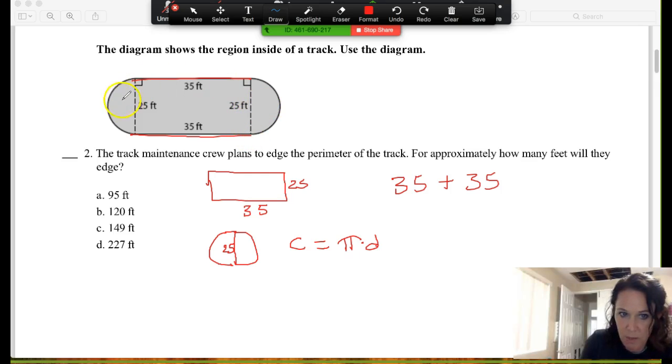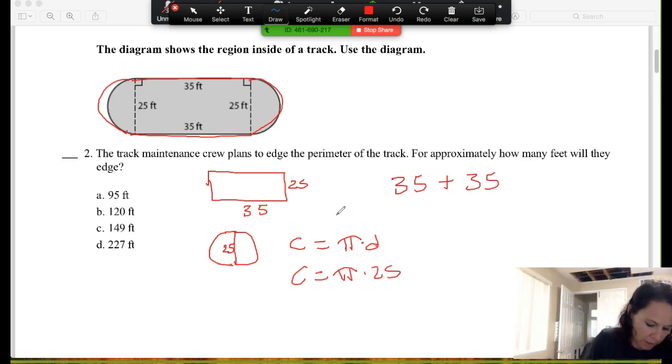If we put this piece with this piece, we get the full circle, and we want this half and this half. So we're going to add the 35 and the 35 to the circumference of this circle, which will be pi times 25.